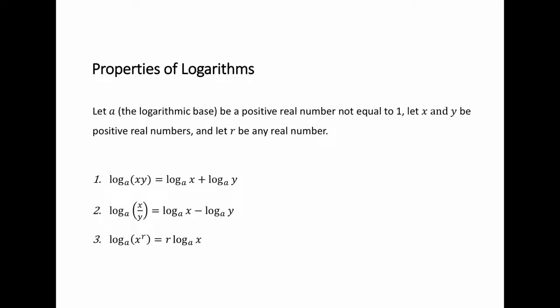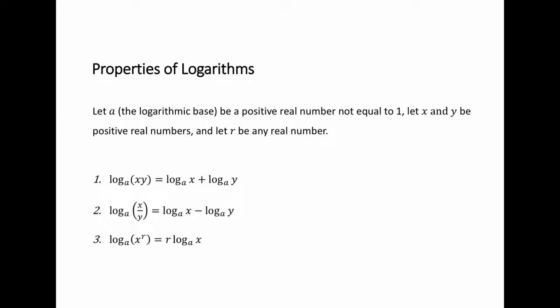Our properties of logarithms. We'll start by letting a, the logarithmic base, be a positive real number but not equal to 1. X and y will be positive real numbers, and r can be any real number. Then our first property says if we have the log base a of the product x times y, we can separate that into the log base a of x plus the log base a of y.